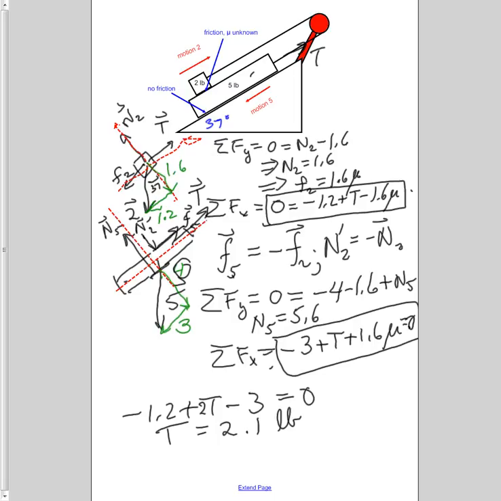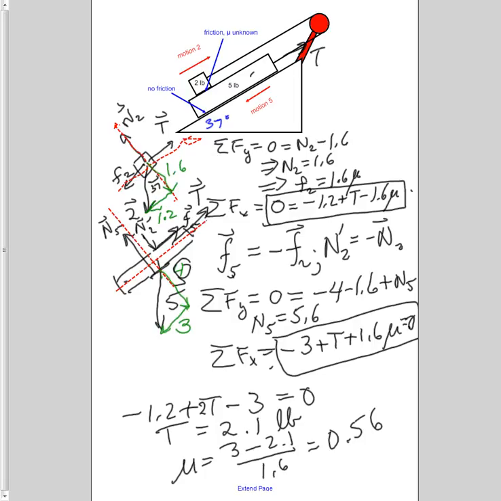And now that I know t, I can take it and put it into either of those two equations and find, for example, that mu is equal to 3 minus 2.1 divided by 1.6, which is equal to 0.56. And that's the end of this problem.